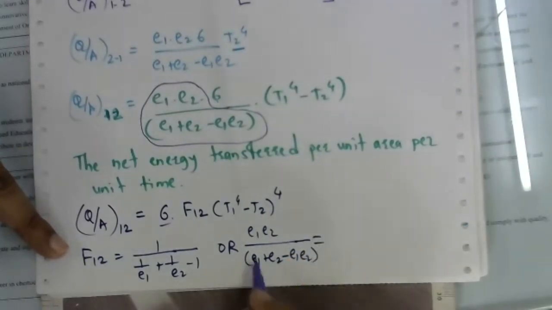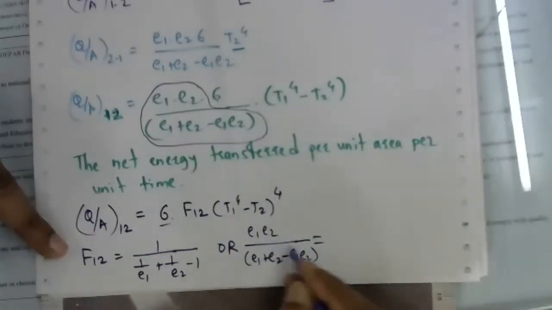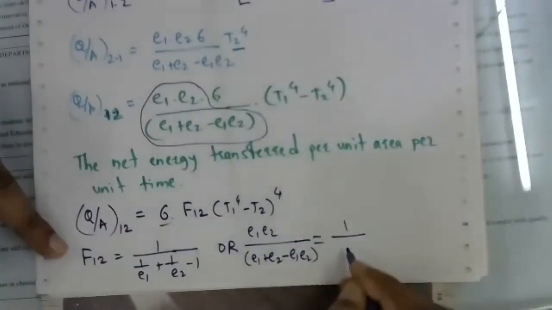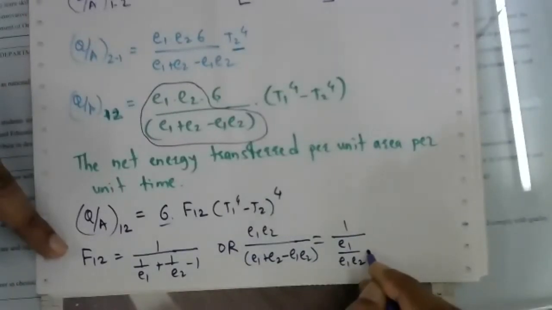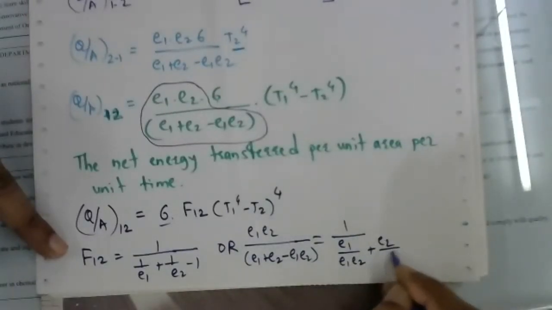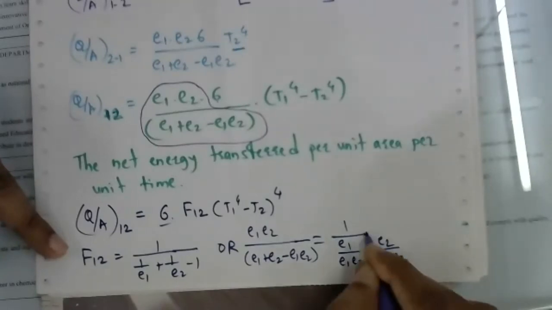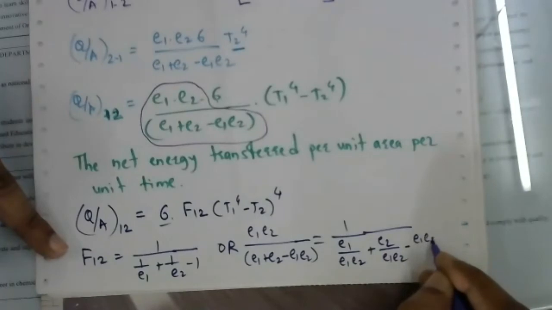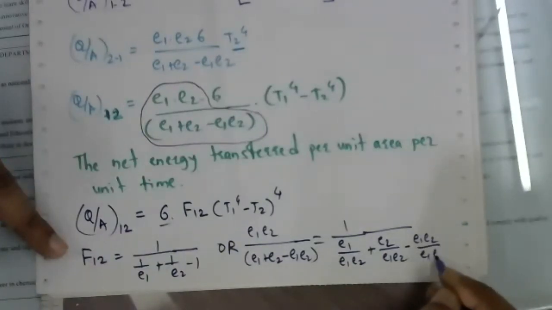So mathematical rearrangement, divide numerator and denominator by E1 E2. So E1 E2 gets cancelled, that is 1. Now in this case E1 upon E1 E2 plus E2 upon E1 E2 minus E1 E2 upon E1 E2.